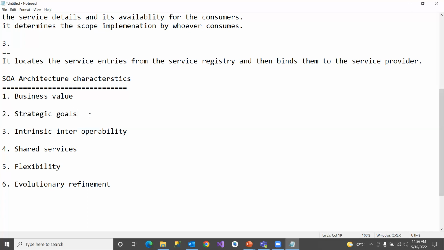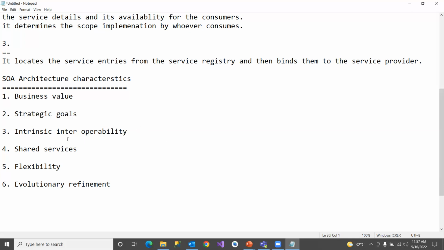So basically, it increases the ROI and improves the efficiency of collaboration, and also reduces the IT burden. And coming to the third one, intrinsic interoperability.